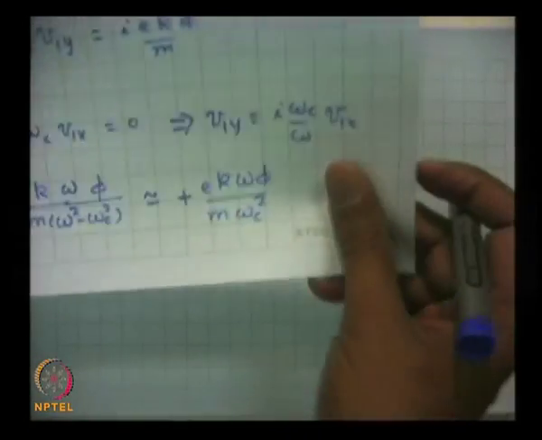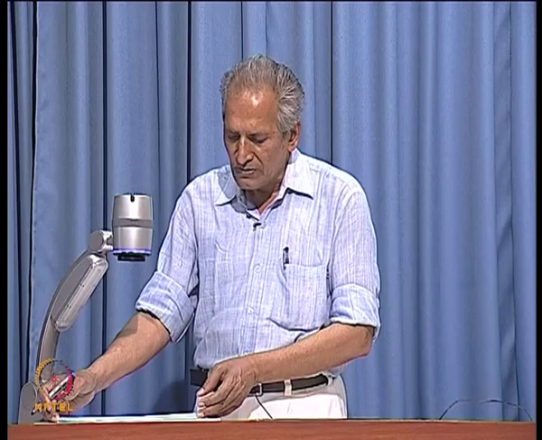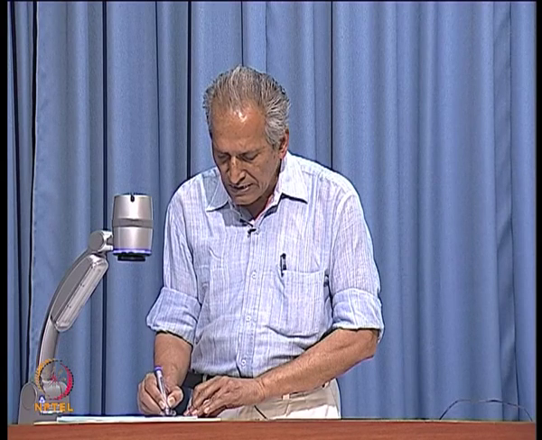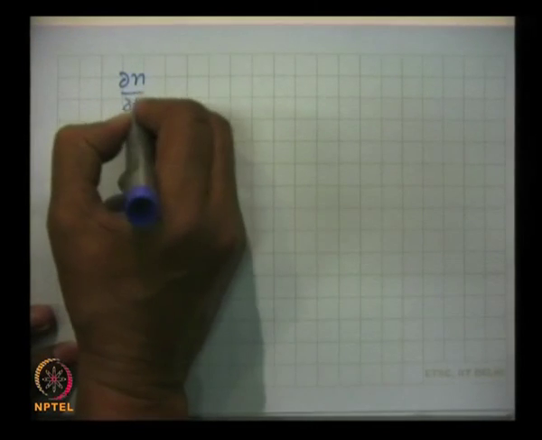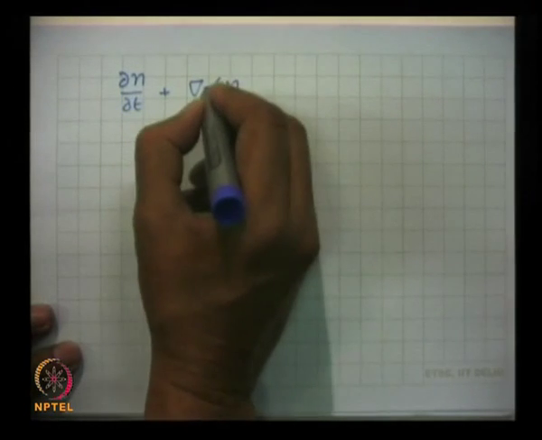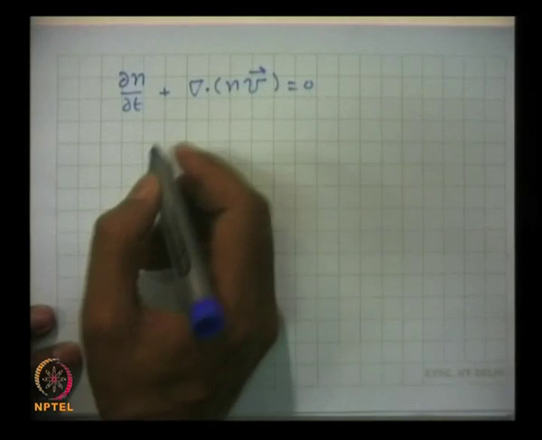And let me calculate the density perturbation also. The density perturbation can be obtained from the equation of continuity, delta n by delta t plus divergence of nv is equal to 0.